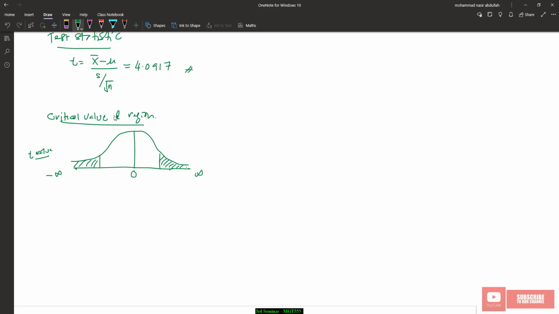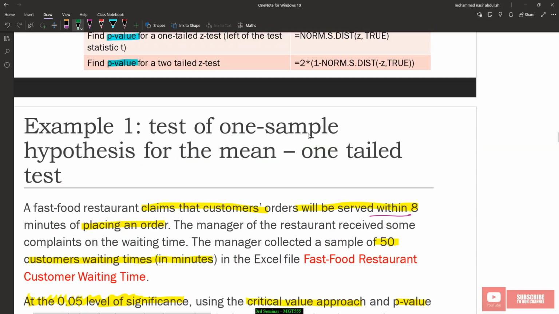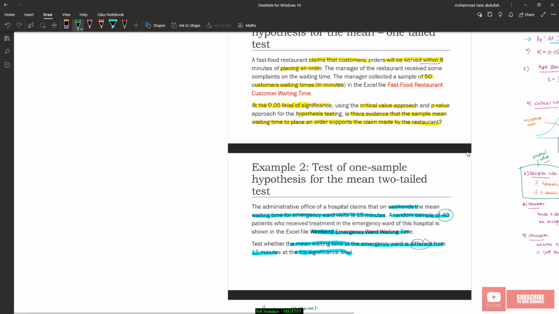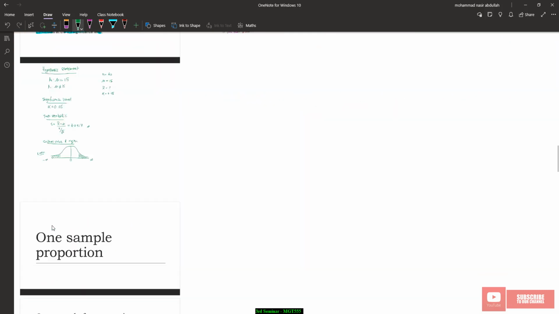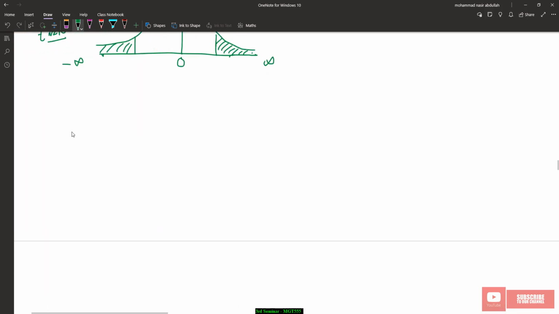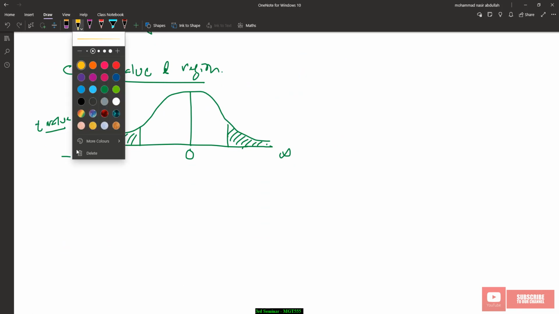So what is the difference between one-sided and two-sided? For one-sided, this whole area would represent alpha 0.05. But for a two-tailed test, this area on the right-hand side, right? I hope you understand.